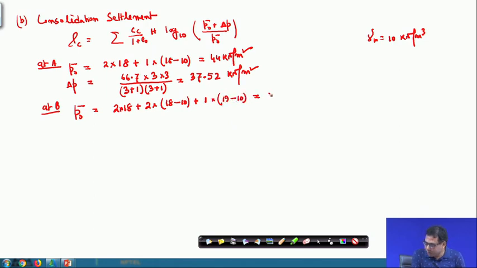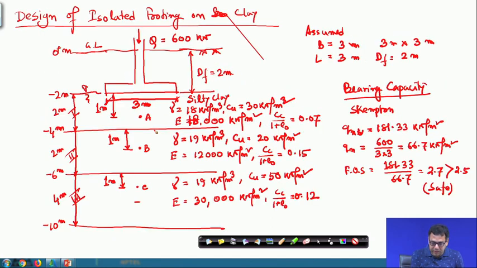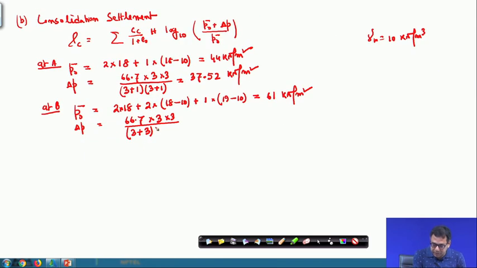So, that will be equal to 61 kilonewton per meter square, and del P will be 66.7 into 3 into 3 divided by 3 plus 3, because now it is 3 meter from the base of the footing, 2 meter plus 1 meter. B point is 3 meter from the base of the footing. So, 3 plus 3 into 3 plus 3. So, that is equal to 16.7 kilonewton per meter square.